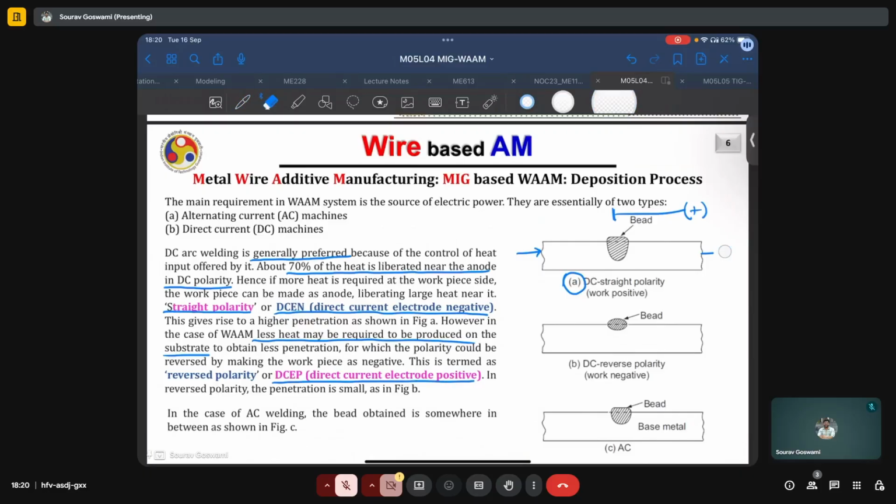I may have messed up the signs here. Here the electrode is negative, and in this case the electrode will be positive.